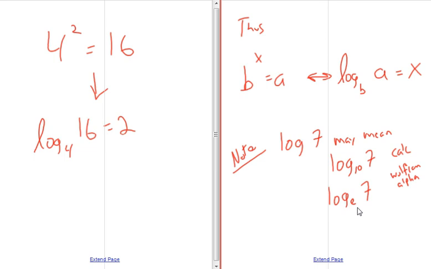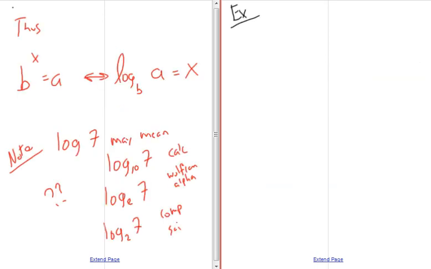It also could mean log base 2 of 7 if you are in a computer science situation, because in computer science you pretty much just care about base 2 for all kinds of really awesome reasons. But anyway, since I'm talking about this in a math context, when I just write log, I'm going to mean log base 10. So yeah, go figure.